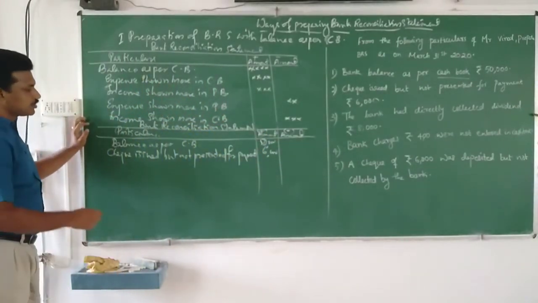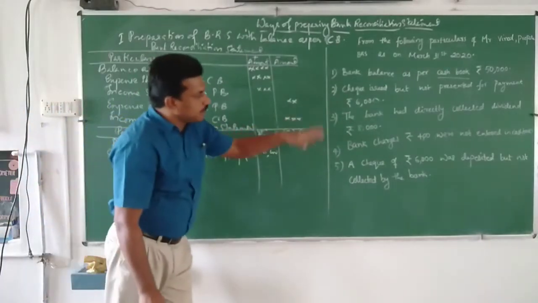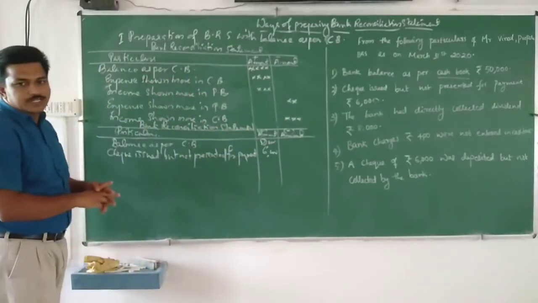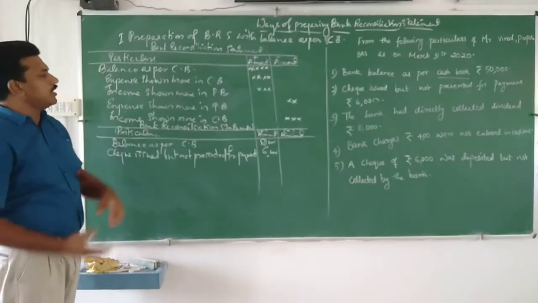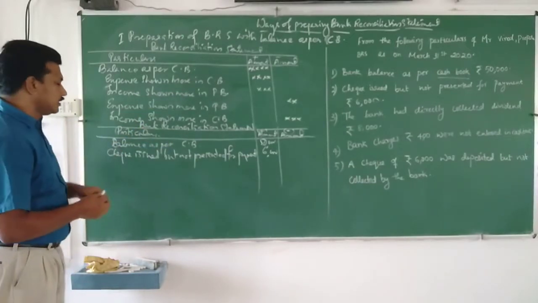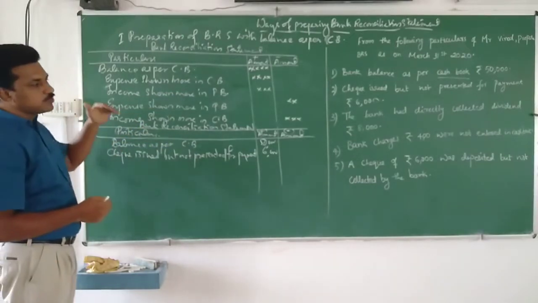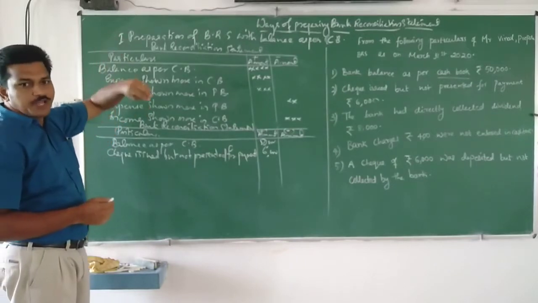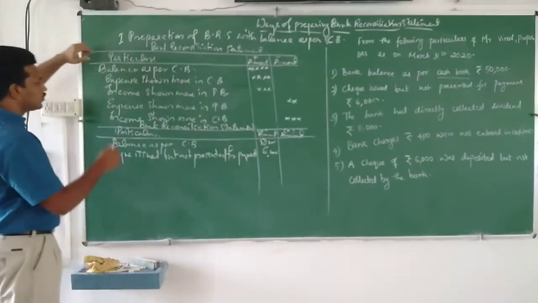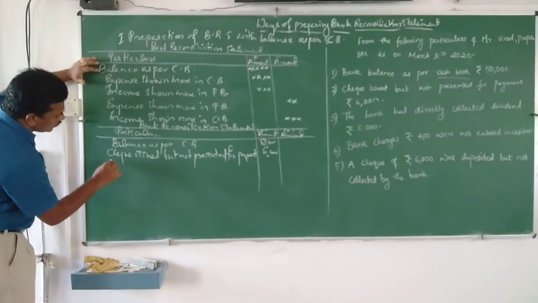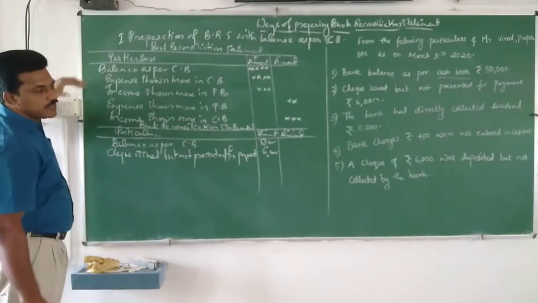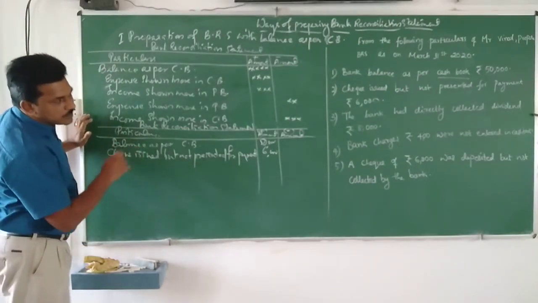Okay. Then next, third one, bank had directly collected dividend. That means income shown in passbook. So passbook will be more. We have to get that passbook balance, that also can be added here. So that is income shown in passbook. What is that income?